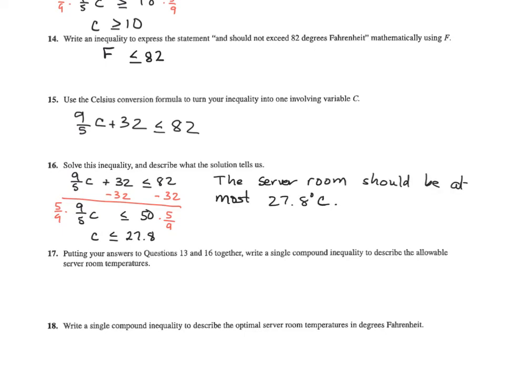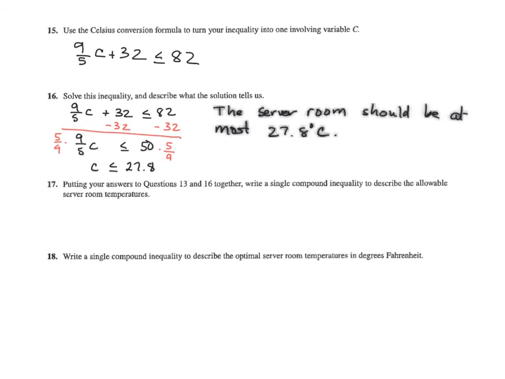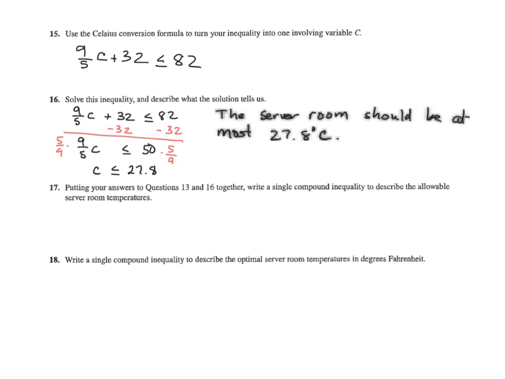Okay, and then number 17 says putting your answers to question 13 and 16 together, write a single compound inequality to describe the allowable server room temperatures. Now, remember, it has to be between two different degrees here.